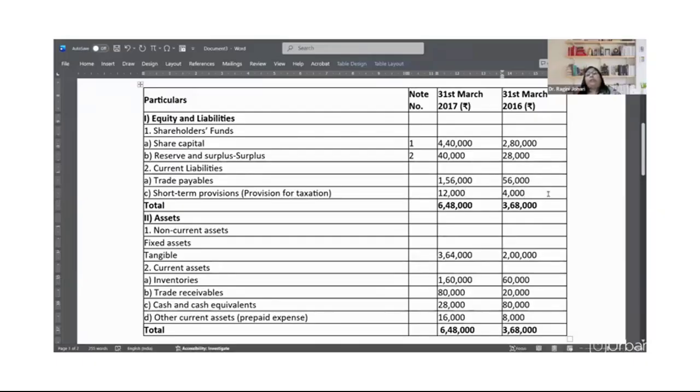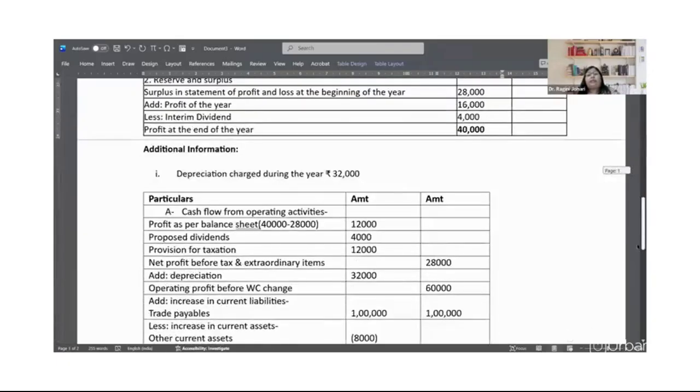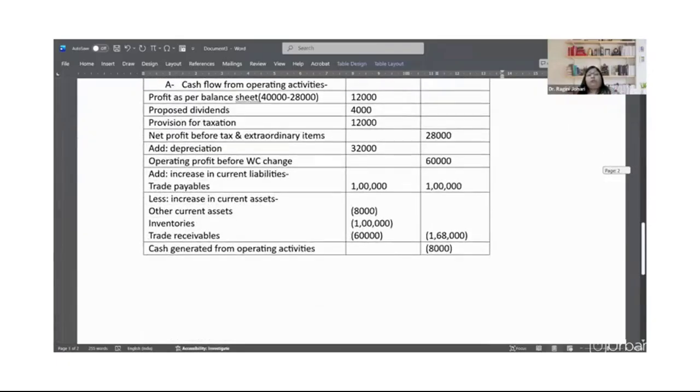The provision made last year is paid this year as income tax. Okay, so we are now going to less income tax.